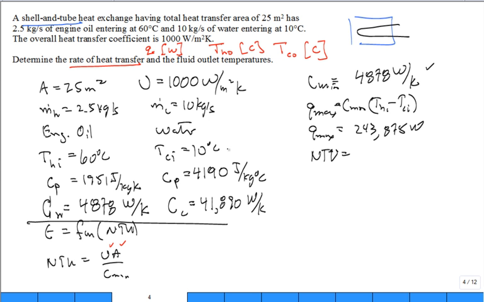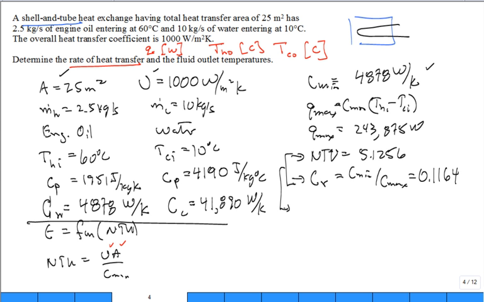Here's C min, there's U and A, and so the number of transfer units is 5.1256. So I know number of transfer units. I need to calculate the ratio of C min to C max. And the C min to C max is 0.1164. So these are the two critical pieces to allow me to get the effectiveness.